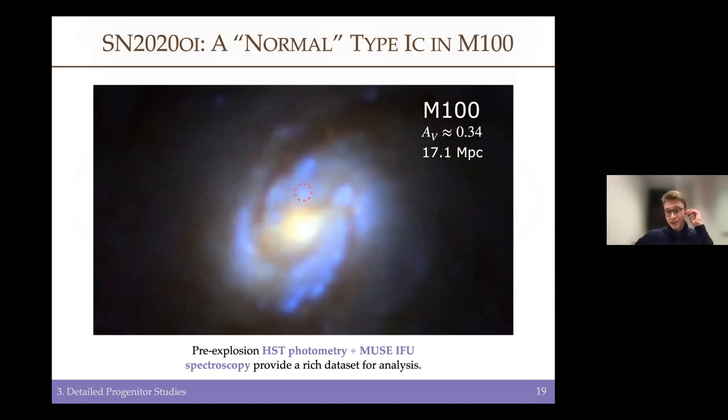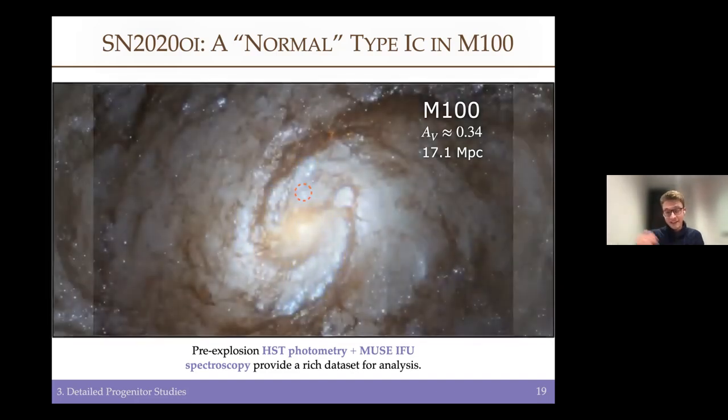Here I'm showing the core of M100 in Pan-STARRS imaging. This is the same data that we used for all of the ghost analysis that I showed on the previous slides. But luckily, 2020 OI was found in a galaxy where we have a lot better data. So this is the data that we get from Hubble for this same region.